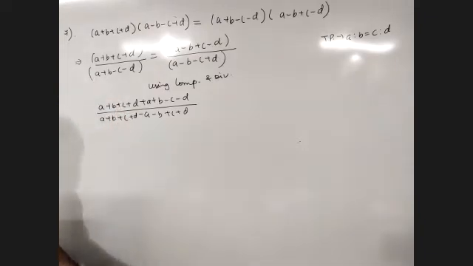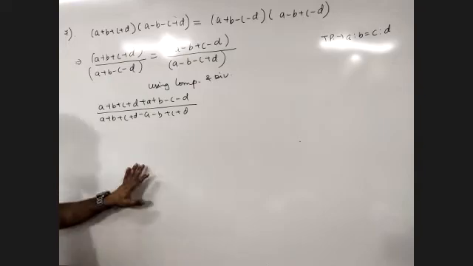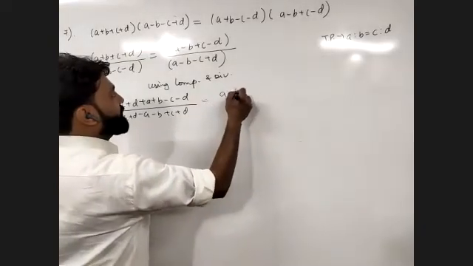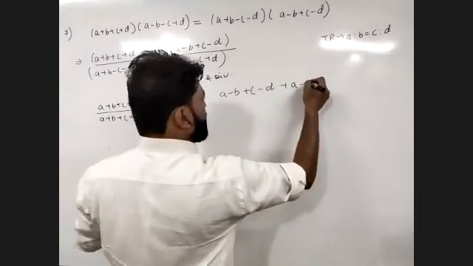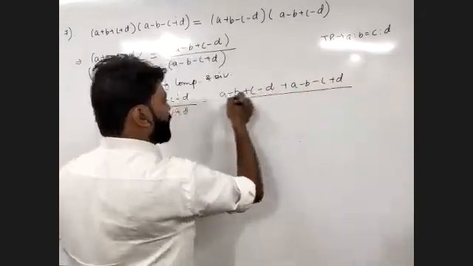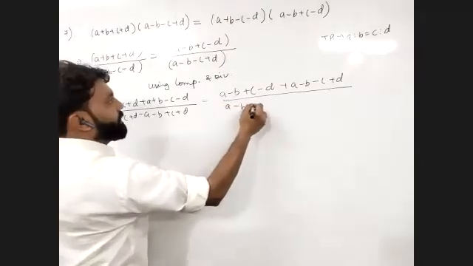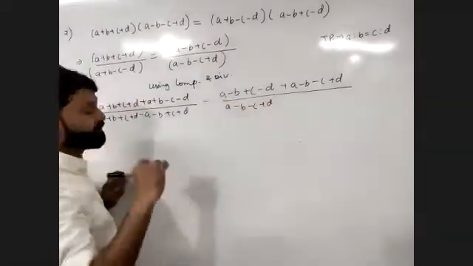So a minus b plus c minus d plus a minus b minus c plus d upon a minus b minus c plus d.